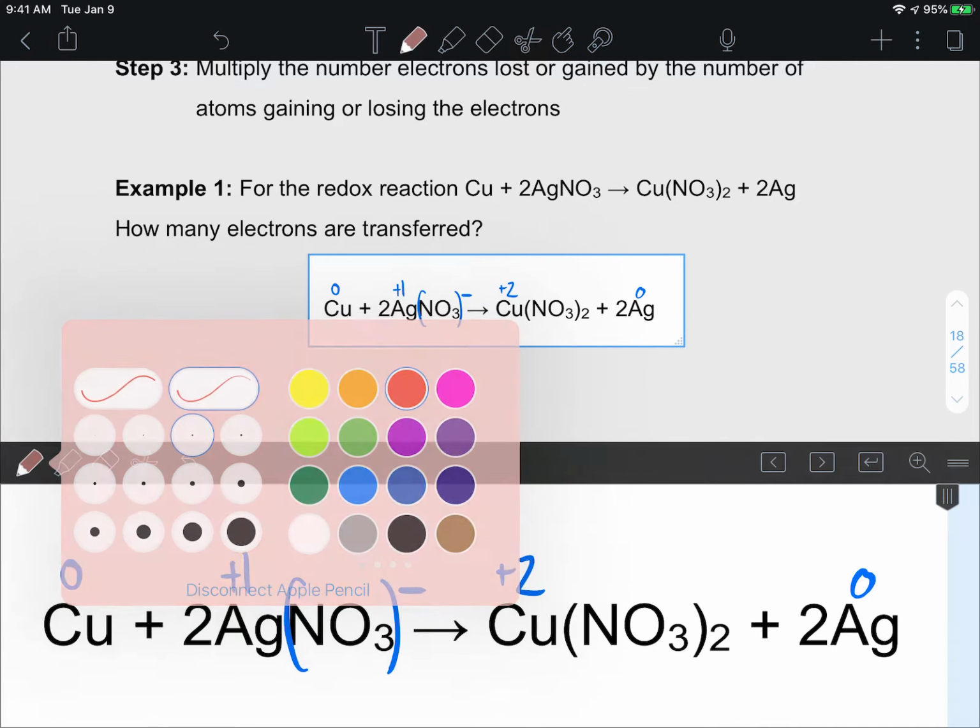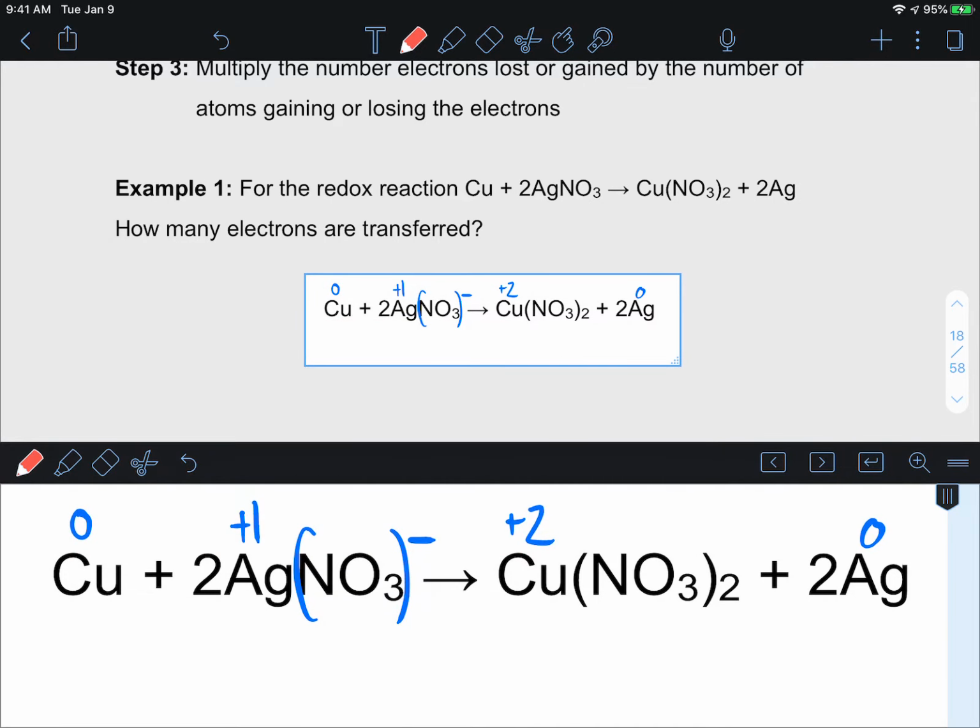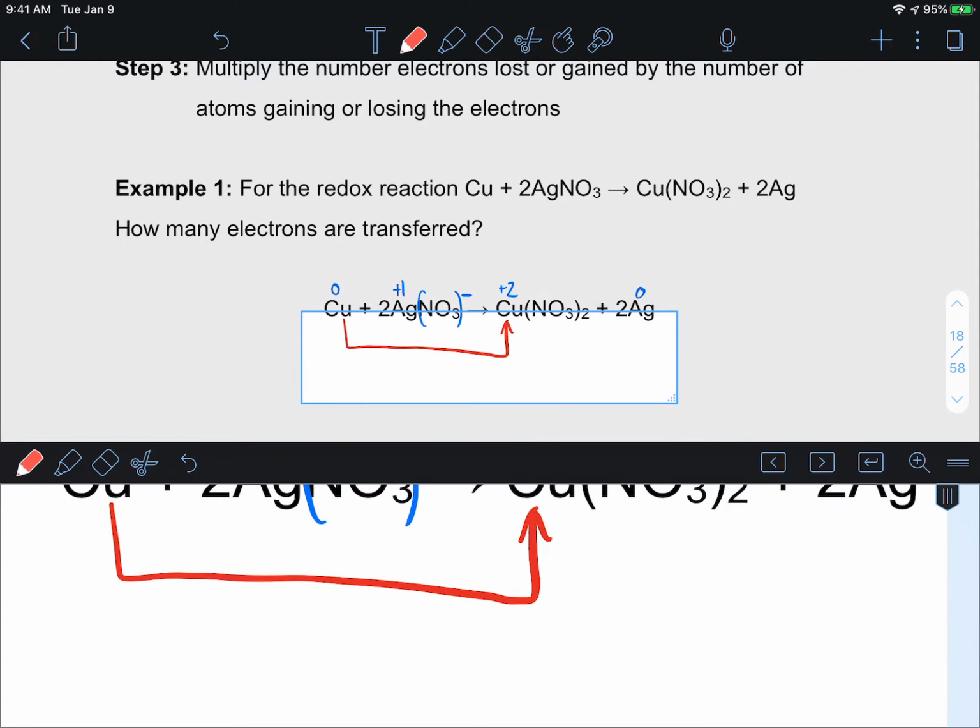Okay, the next thing we want to do is look at the conversion of each of these. I always look at it like this. I have a copper 0, which is converting to a copper +2 oxidation number. So I must have a balance: if there's 0 charge on the left, then I must have 0 charge on the right.